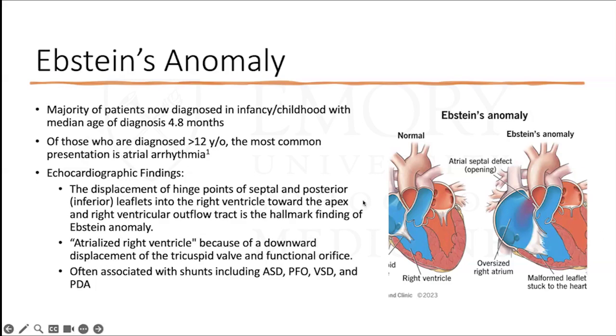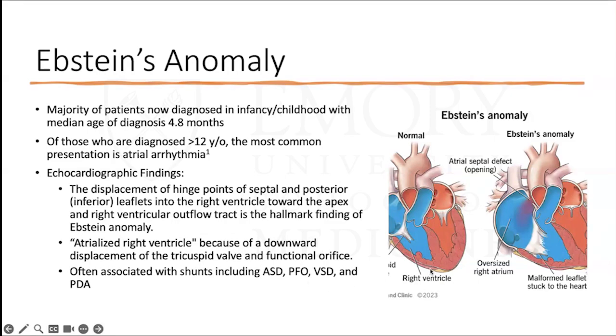The things we always remember are these three hallmarks. The displacement of the hinge points of the septal and posterior inferior leaflets into the right ventricle, towards the apex and the RVOT, is the hallmark finding of Epstein's. So this is a displacement down and away of the tricuspid valve. Because of this displacement, we frequently have what we call an atrialized right ventricle, because of the downward displacement and the functional orifice.